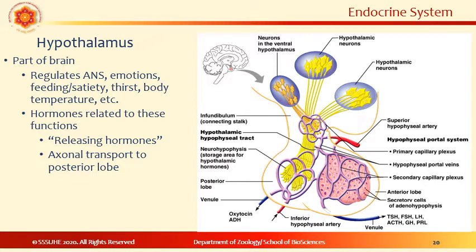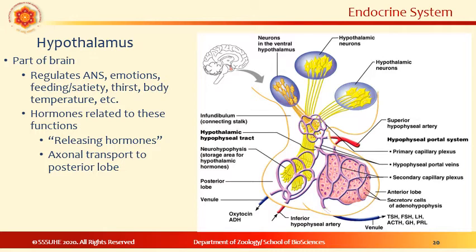So here in the picture, you can see the neurons of the ventral hypothalamus are secreting these hormones that through the neuronal transport, the hypothalamic hypophyseal tract, neurohypophysis, are reaching the posterior lobe of the pituitary, from where oxytocin and antidiuretic hormone are then released.